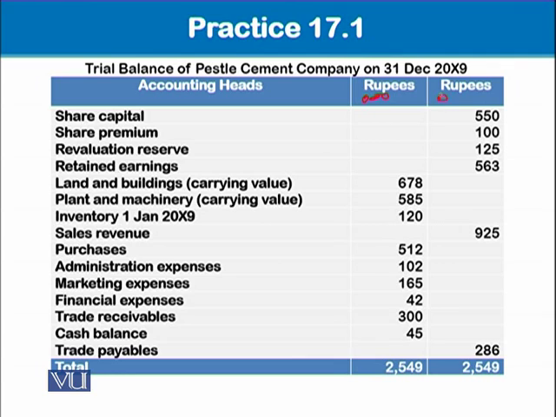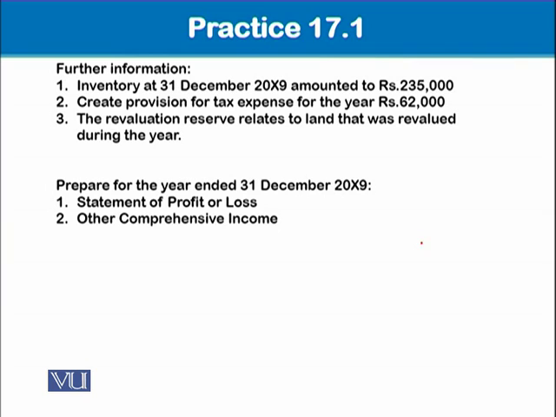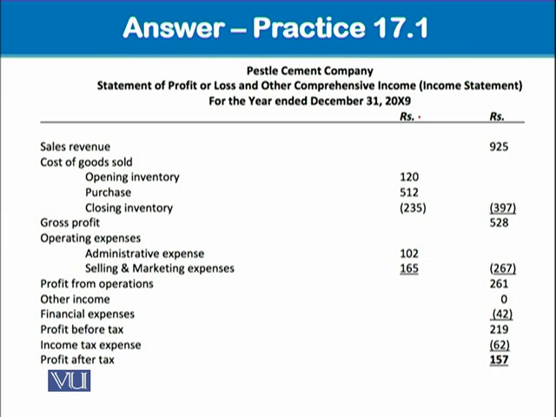All these are rupees in 1000 with you, and this is already given to us in 1000. And when we are preparing this, it is also in 1000. So this is something important.